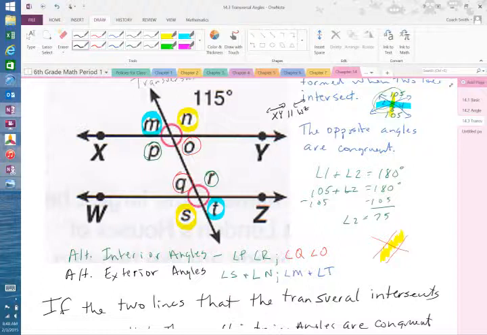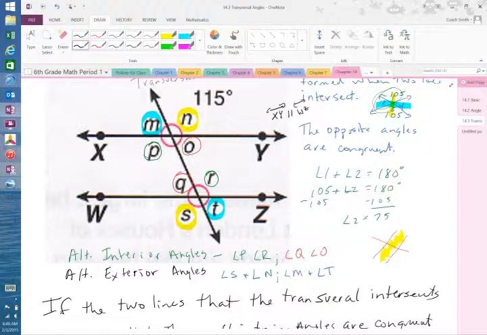Okay? Now, if this is 115, if angle N is 115, what does angle P have to be? Why 115? Because what? But why are they congruent? They're opposite, and we call those what kind of angles? Vertical. Okay?